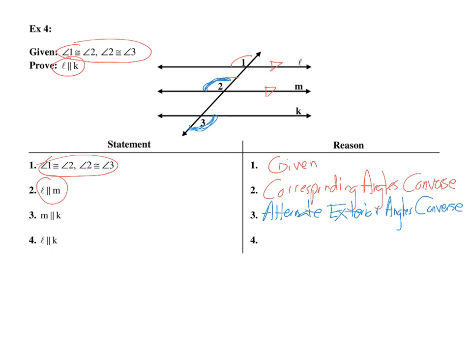All right, and then L is parallel to K. How do I know that? Well, I have M for both of these, so I know L is parallel to K, and that's the transitive property of parallel lines.